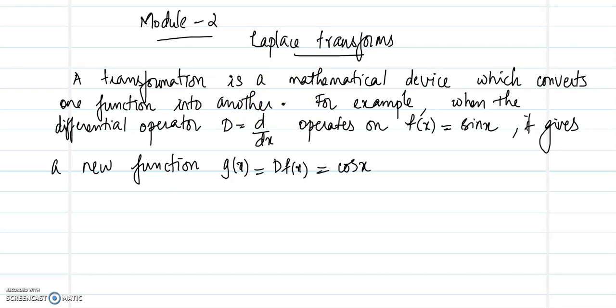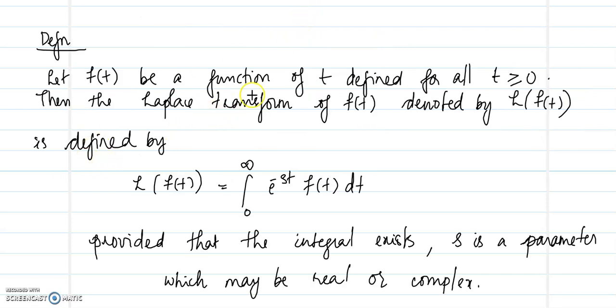So let us first define what is a Laplace transform. Let f of t be a function of t defined for all t greater than or equal to 0. Now by Laplace transform we mean the operation given by integral 0 to infinity e power minus st f of t dt.